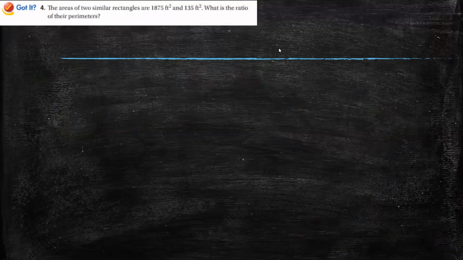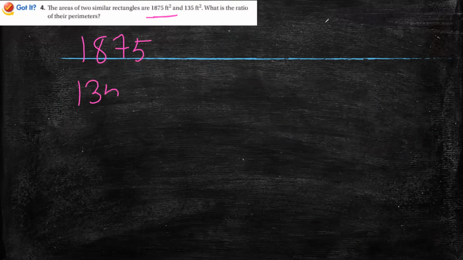Look at this one here. The areas of two similar rectangles. Okay, so here what did he give me? He gave me the areas of two similar rectangles are 1,875, and the second one, it is 135.